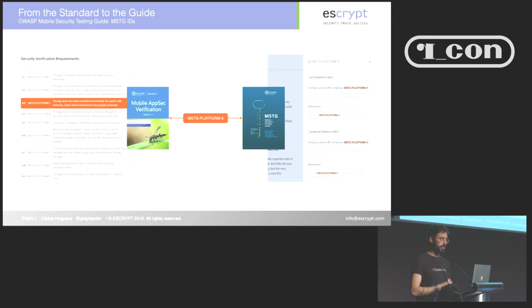So about how we are mapping this from the security requirements to the testing guide. This is pretty new now. You have these MSTG IDs, and you can just follow them and search for them in the guide and the other way around. So on one side you have the verification standard. You will see, okay, MSTG platform 3, I will search for that.